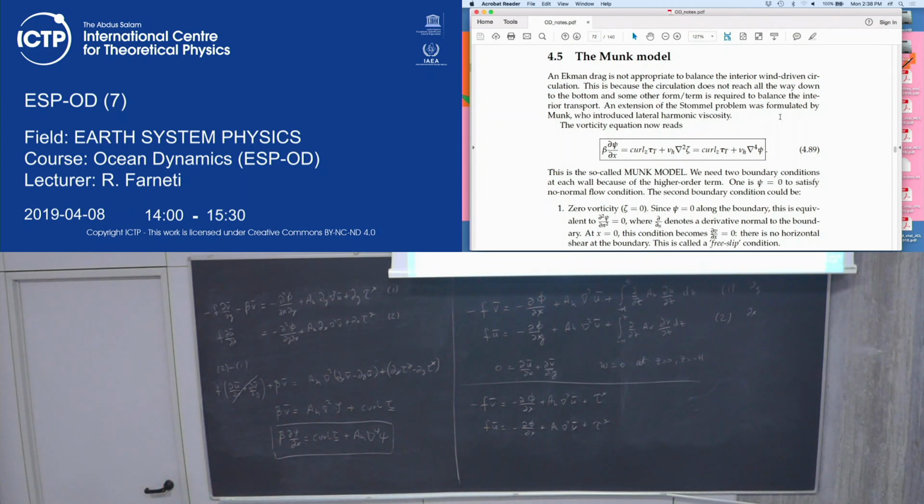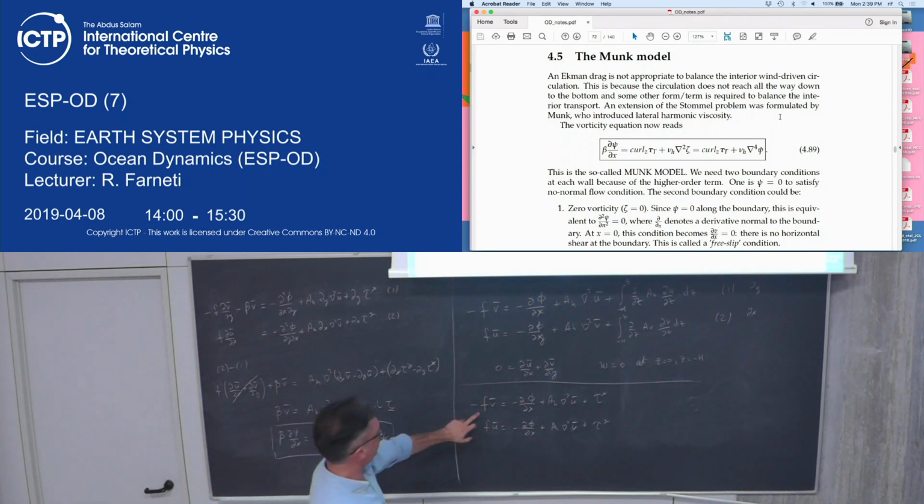Then you define the stress tensor as we always define it. So tau is some coefficient A vertical du dz, and the contribution at the bottom is equal to 0. There's only a contribution at the top. And so we get to this expression for the momentum equation.